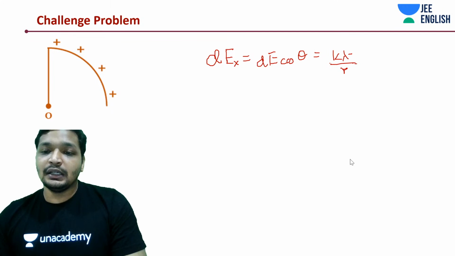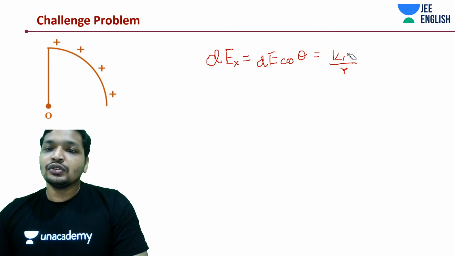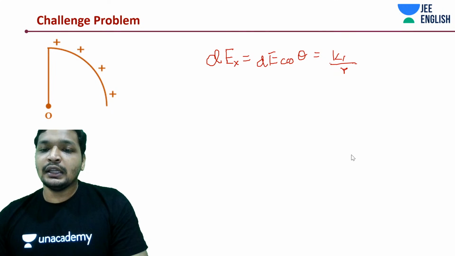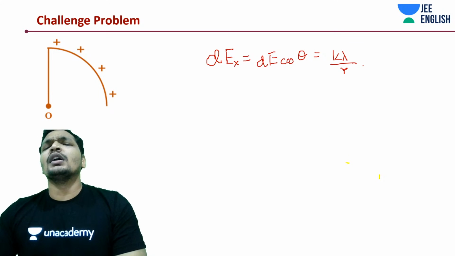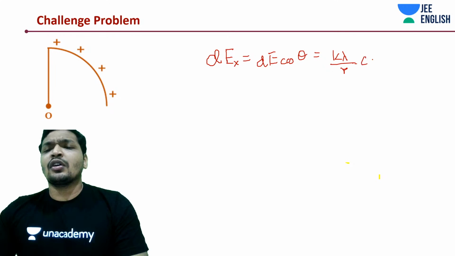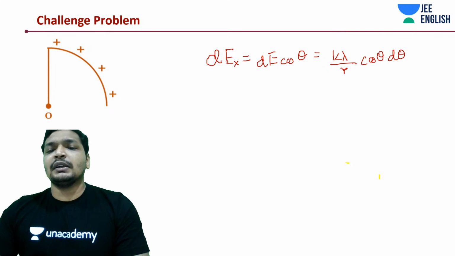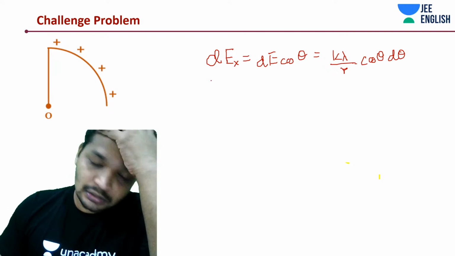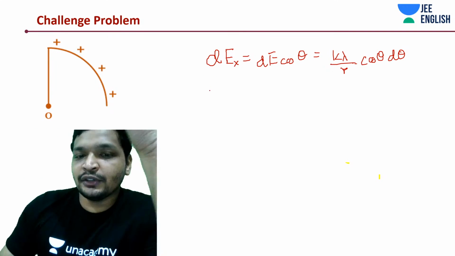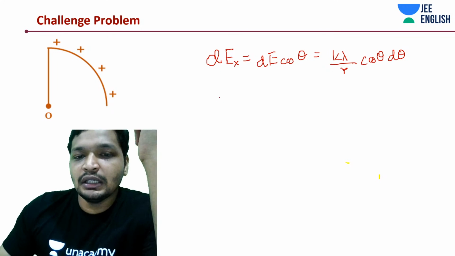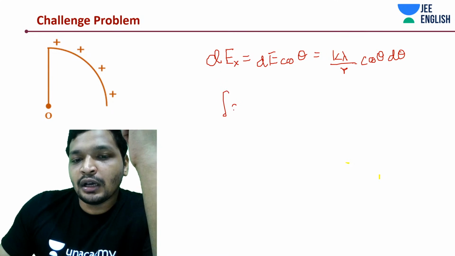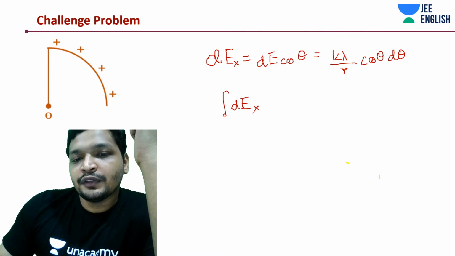If you don't remember that, just to remind you, that would be k into lambda cos theta d theta, but this is dEx. There would be a minus sign, you can throw it as minus i. Forget that part for now.